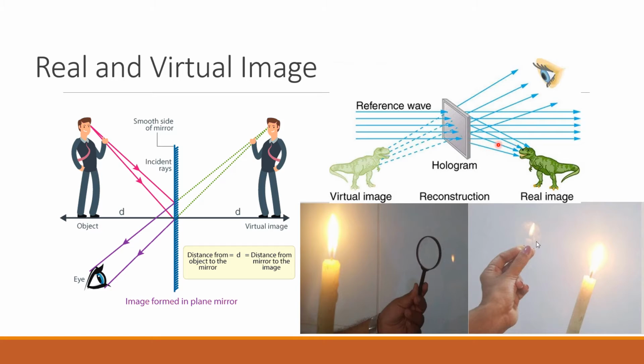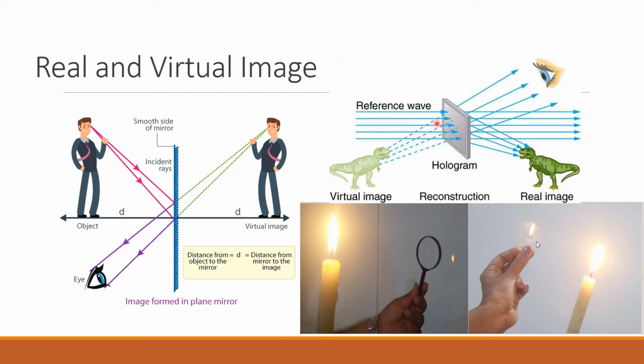So what do you notice is that when the rays actually intersect, then they form a real image. Clear? But when the rays appear to diverge from a point, appear to spread from this point or appear to be coming out from this point, what we have said, appear to, that means it is imaginary.